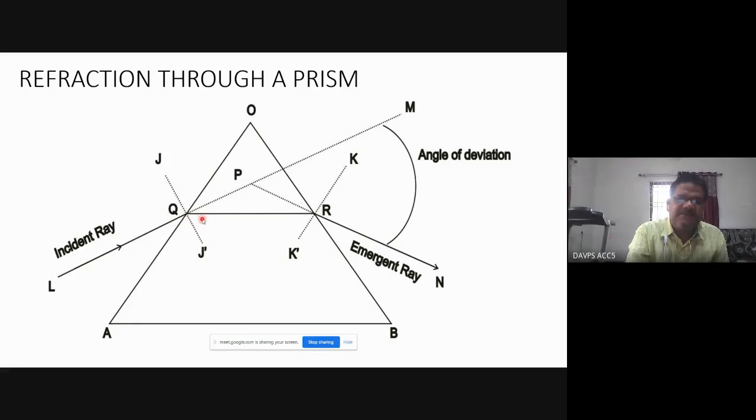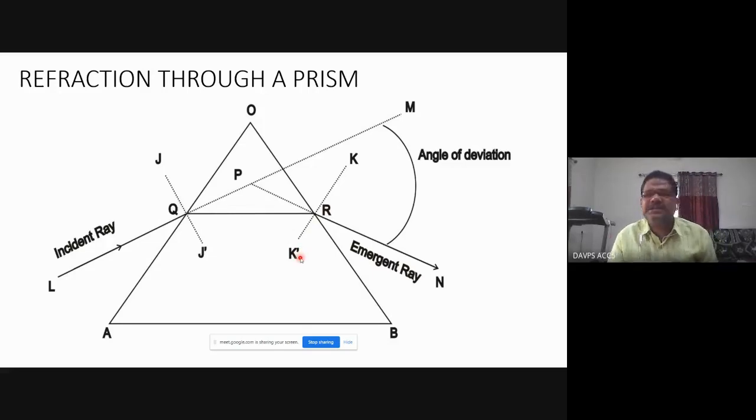The angle of refraction is smaller than the angle of incidence, so the light is going from rarer to denser medium. At surface OB, this is the angle of incidence, and this is the angle of refraction for RN. Here the angle of refraction is more than the angle of incidence, so the refraction is from denser to rarer medium.